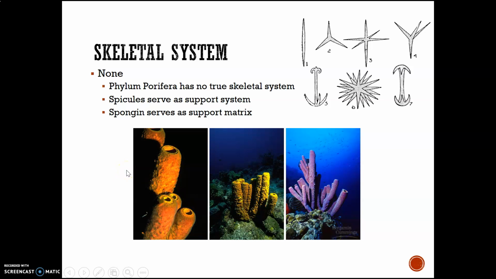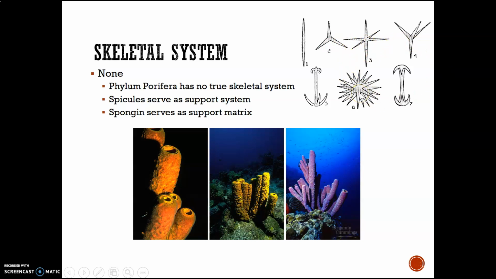Skeletal systems. So some of them have none, right? We've got Porifera, which are the sponges that don't have a true skeleton. They do have spongin, which is a support matrix that holds them up, but it's a protein support matrix. They also have spicules. Here are a few different examples of different kinds of spicules.